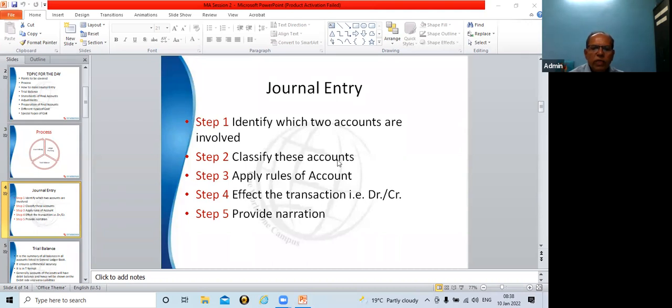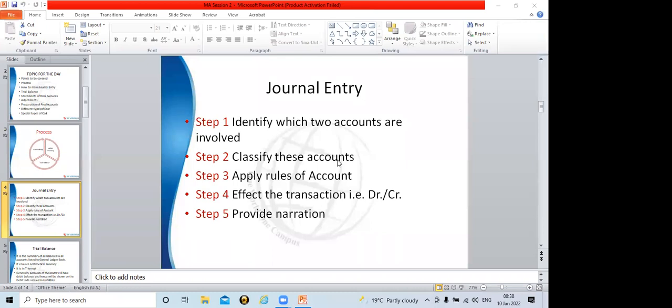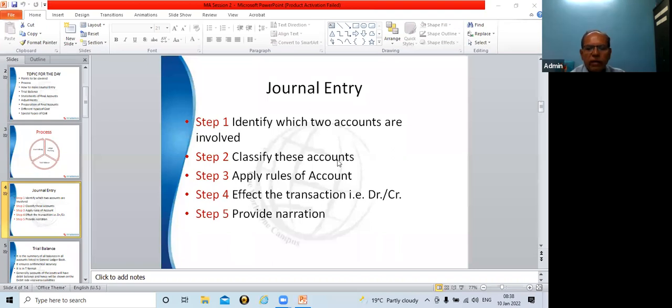The first four things, that is cash, building, machinery, and furniture, will be classified in which account? Real account, correct. And the other account is capital. As you said, capital is personal account. So classification is done, step number 2.